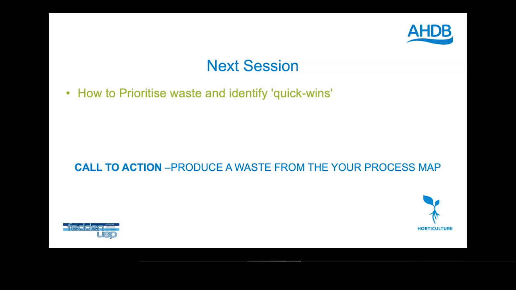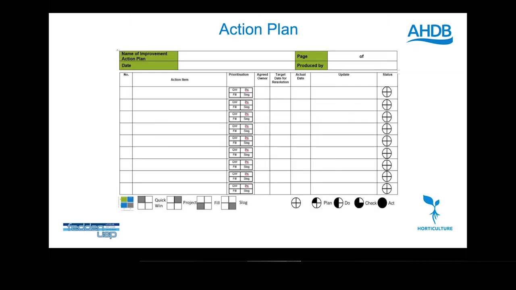So once you've done this data collection and this data analysis, what trials can you do in order to verify the improvements that you want to come up with? So that's the challenge between now and next week, is to produce this waste walk from the process map that you've already produced. Or it'll give you a chance, if you haven't had quite a chance to finish off your process maps, to do that as well.